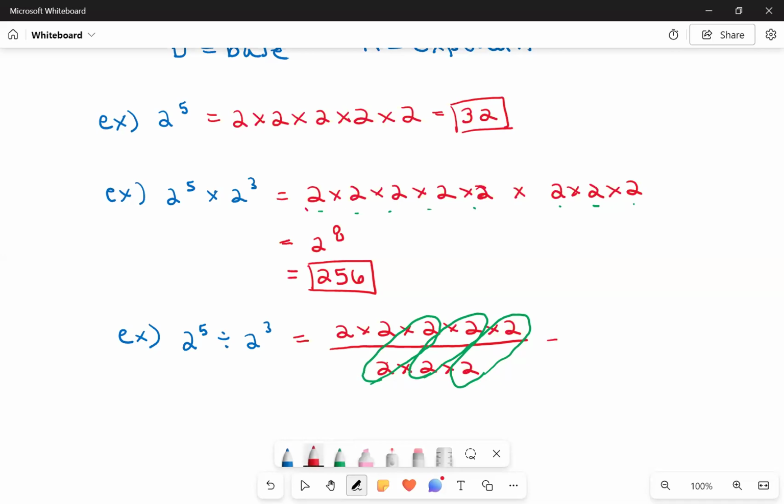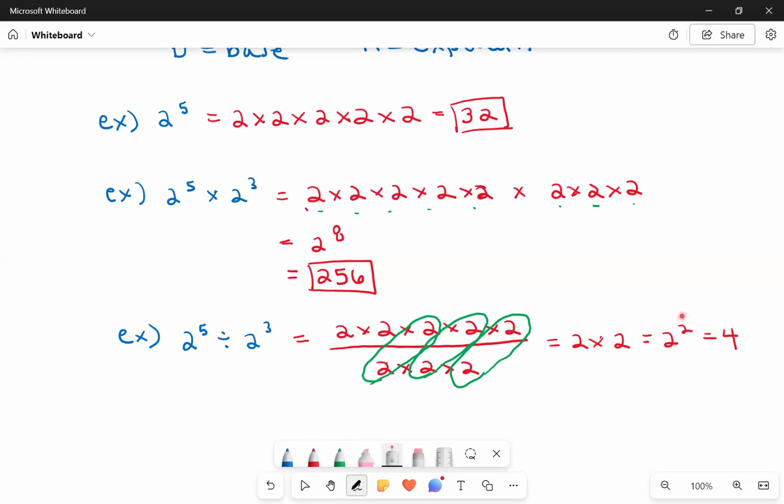So this gives me 2 times 2, which if I wanted to as a shorthand, 2 times 2 is 2 squared, which is 4. Now I'm writing the shorthand because I want us to notice that when we had a 5 divided by 3, we end up with 2.